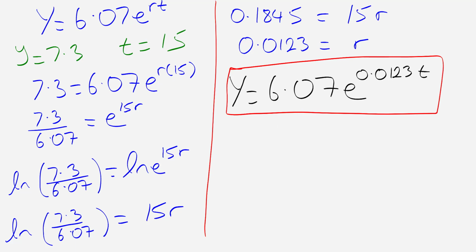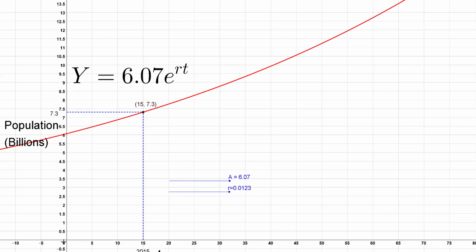This function describes the situation where we have a population of 6.07 at time 0, which was the year 2000, and at time 15, after 15 years, we have a population of 7.3 billion. That is described by the function y equals 6.07 e to the power of 0.0123t, and you can see that function right here.